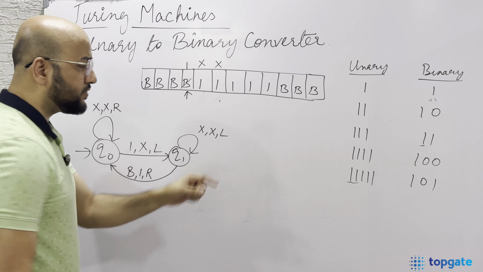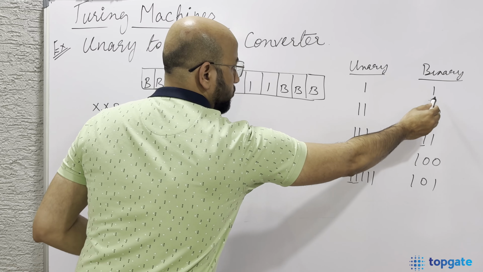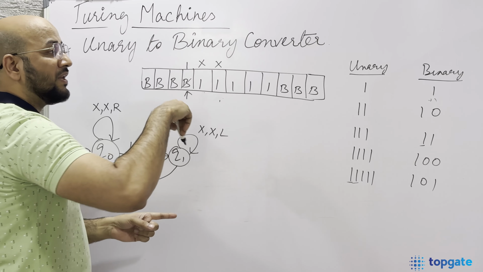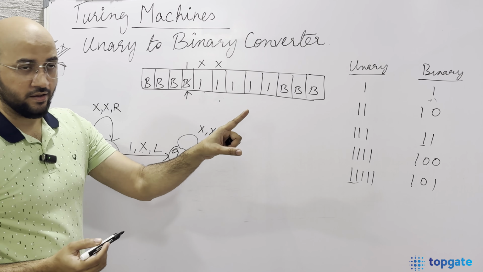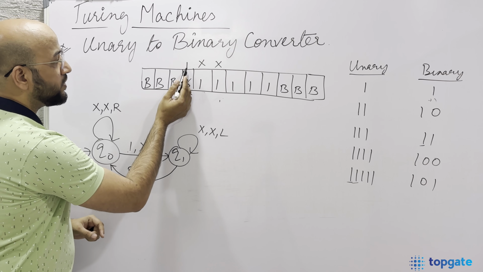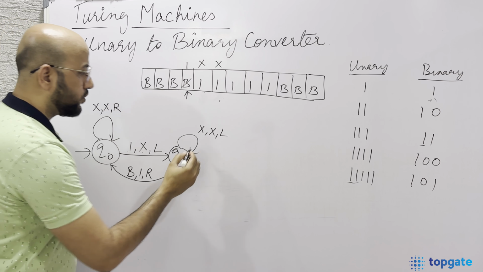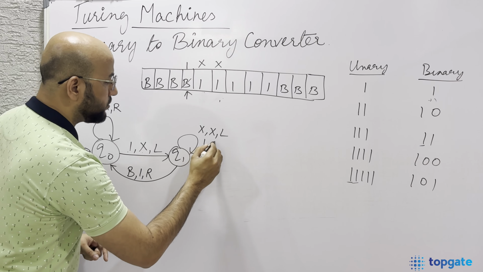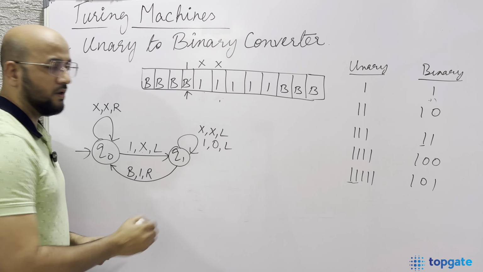Okay, now let's see here. When I added 1 to this one, what I did, I changed this 1 to 0 and went on to the left hand side to write my 1 carry. Clear? That means this 1 should be changed to 0. So here I'll take a move. That means if you find a 1, you change it to 0 and go on to the left hand side.